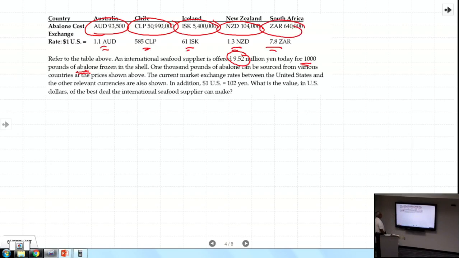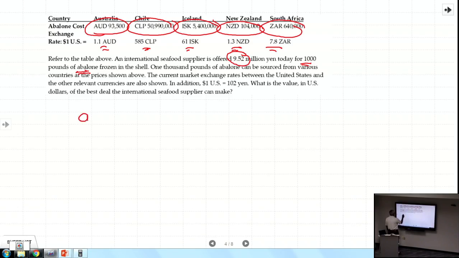Again, which is the best deal that you can make and what will be its value. So if you start with the yen, you have 1 US dollar equals 102 yen.